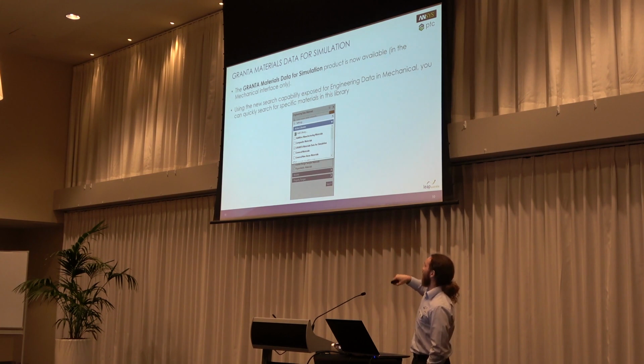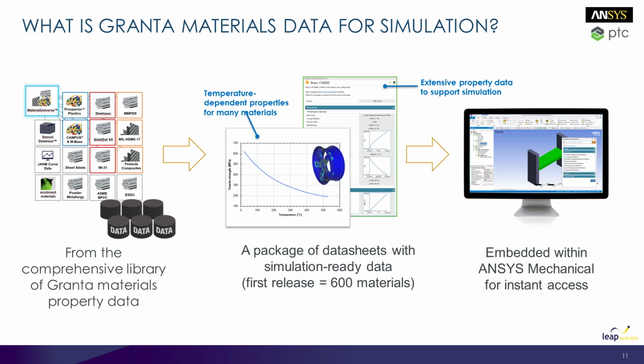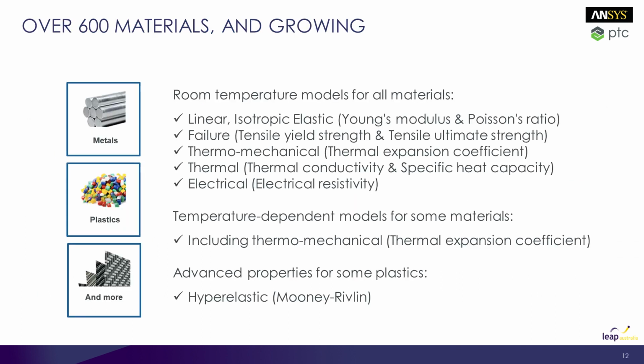So go into engineering data and have a look at what's in there. There's some quite useful stuff. It's quite a comprehensive library. It features all your usual steels, some elastomers, plastics, lots of different grades, and you can access all of that within Mechanical.